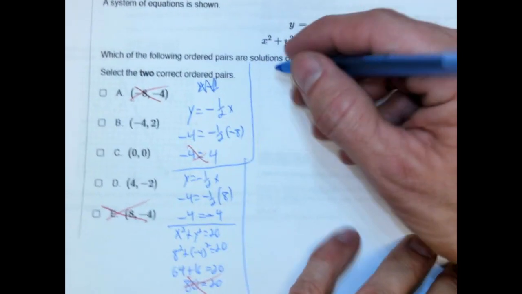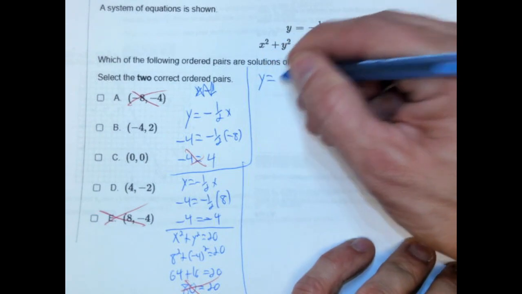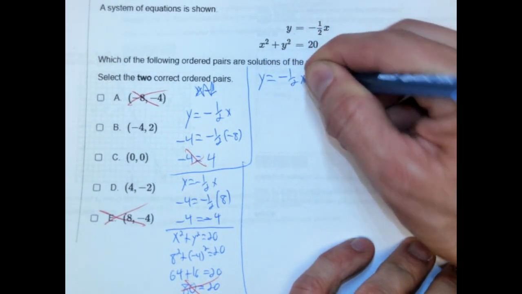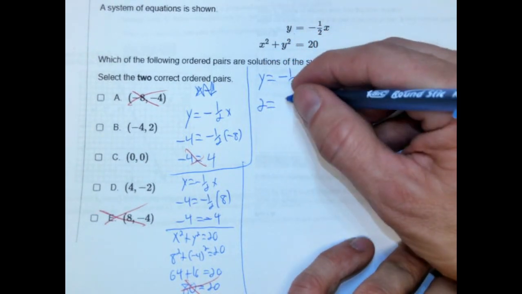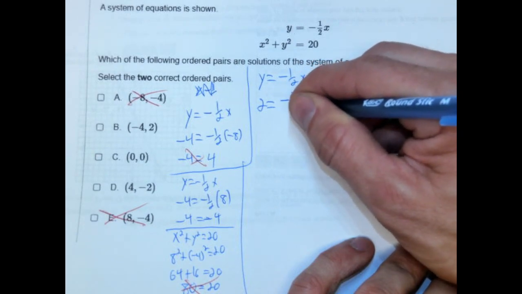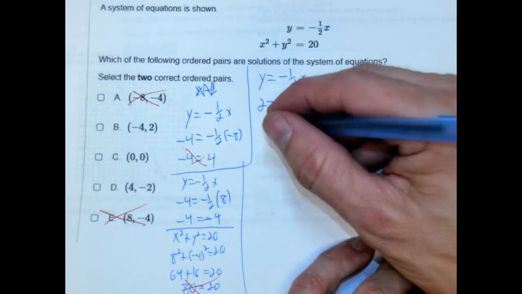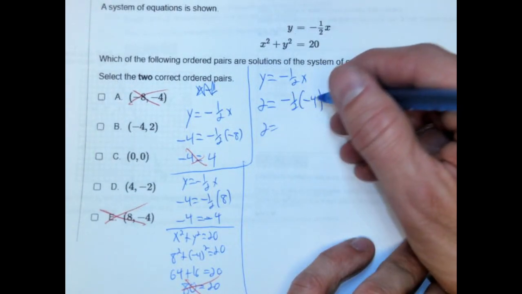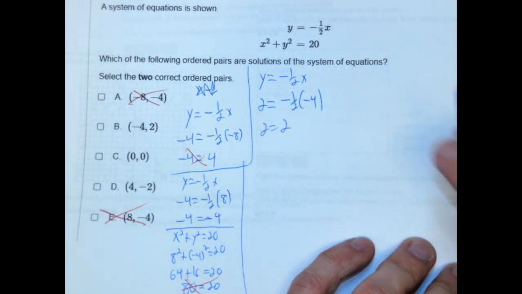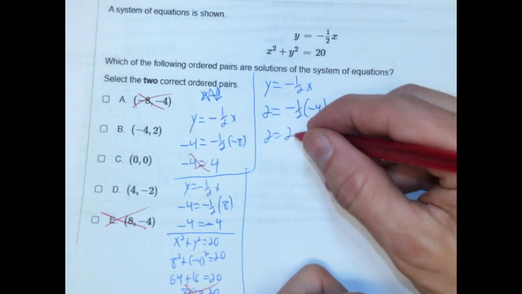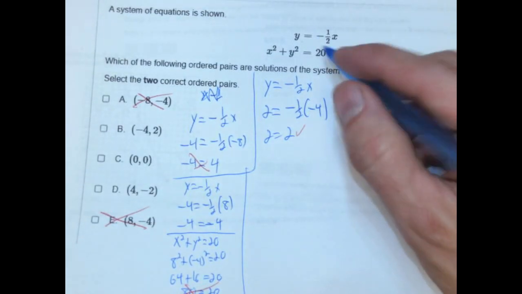Let's try this one right here, negative 4, 2. So y equals negative 1/2 x. So 2 equals negative 1/2 times negative 4, which is positive 2. So that works. Then we'll try the other equation.